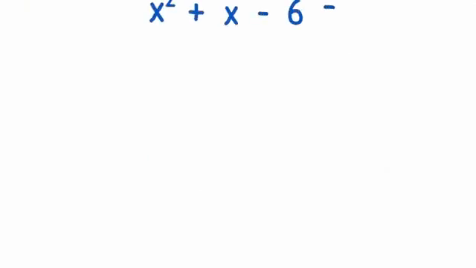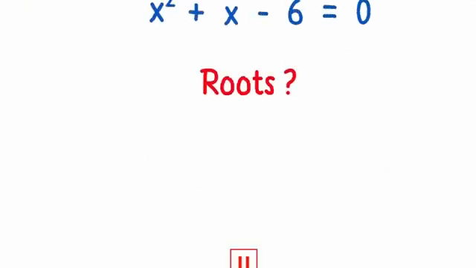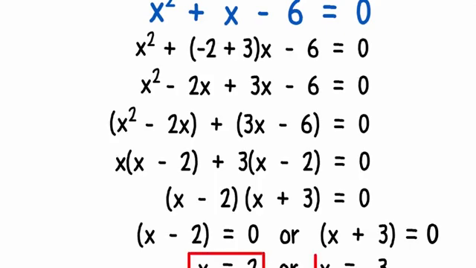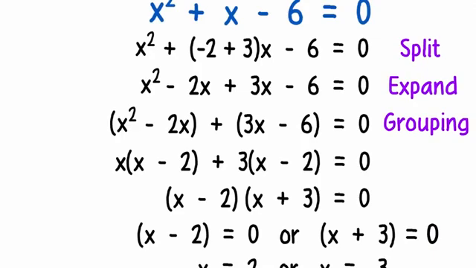If you substitute any of these values in this equation, you will see the equation is satisfied. If we substitute negative 3 in place of x, we get 0, and it is the same with negative 4. These are the roots of this quadratic equation.